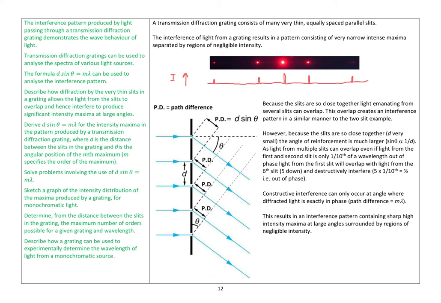So that is most of what we need to do, but the other important thing that I haven't done is derive this d sine theta equals m lambda formula, but with a very basic knowledge of geometry, you should be able to do that and hopefully understand that fairly easily.